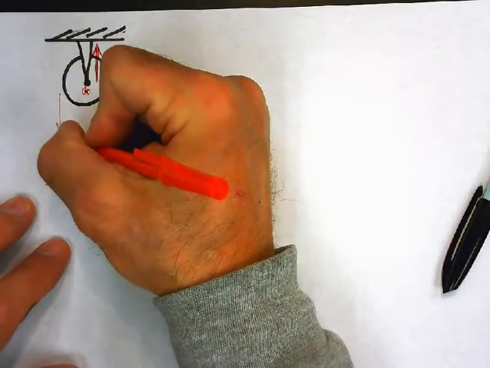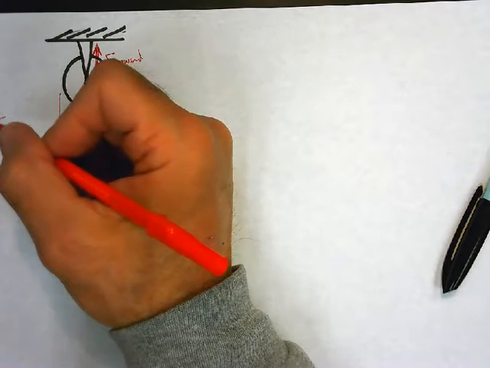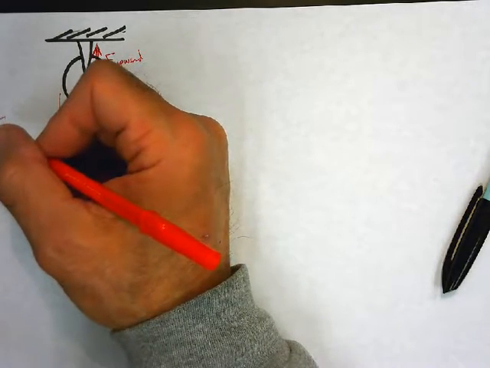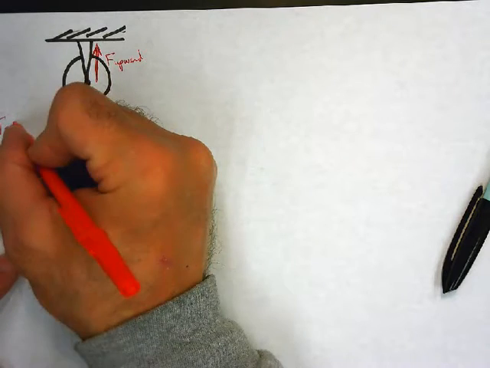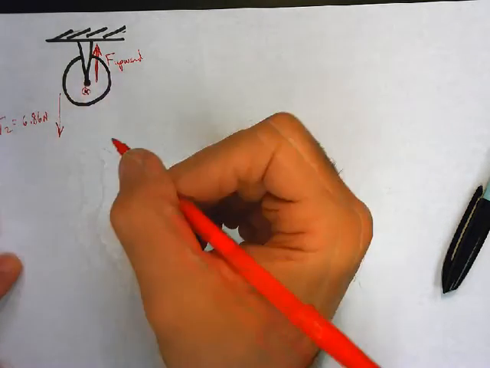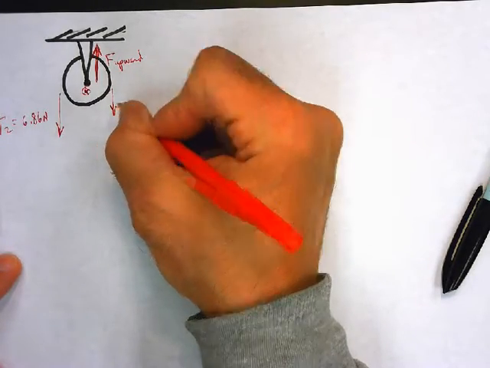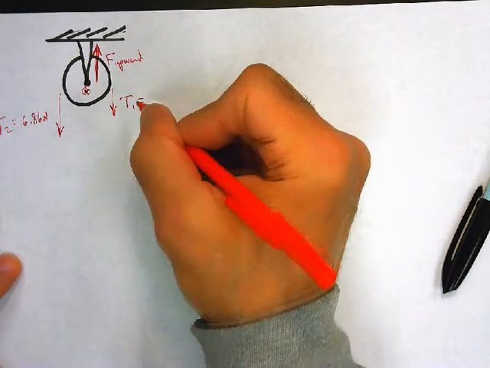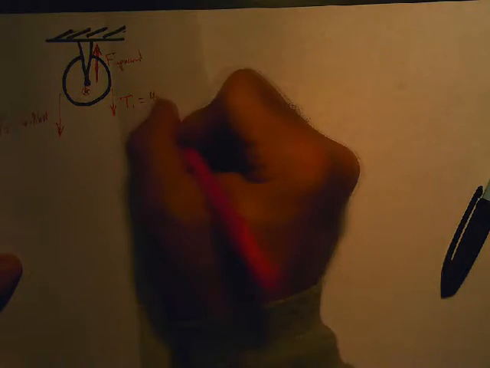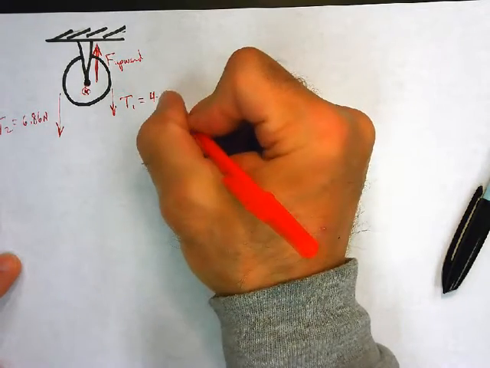We have T2, which we found out was 6.86 newtons, and we also have T1, which we found out was 4.41 newtons.